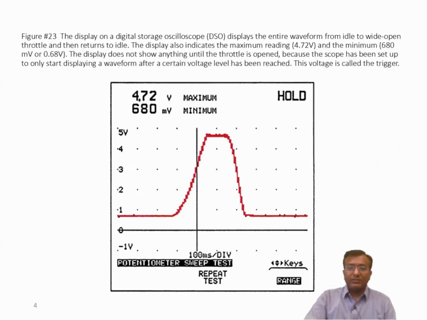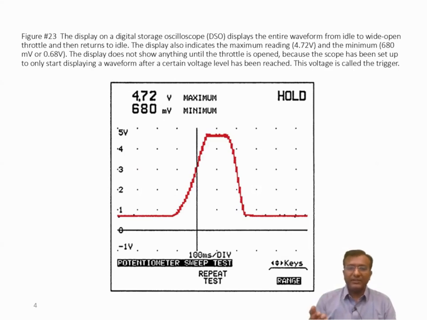Now, another peculiar feature of a digital storage oscilloscope is that it displays the entire waveform from idle to wide open throttle and then returns to idle. So we can see the difference between these two figures.